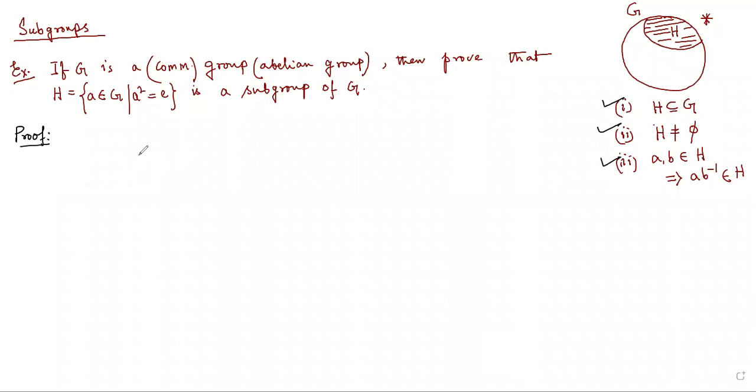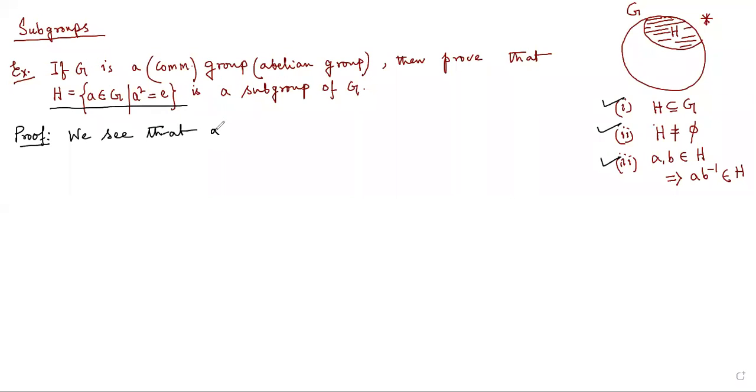Now, first of all, let us verify property number one. We see that each of the elements of the set capital H are special types of elements, but the elements have been chosen from the group capital G.